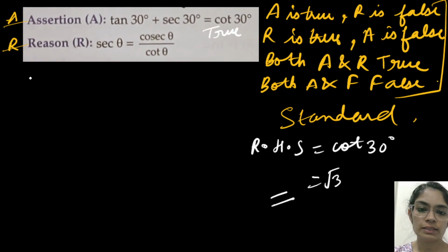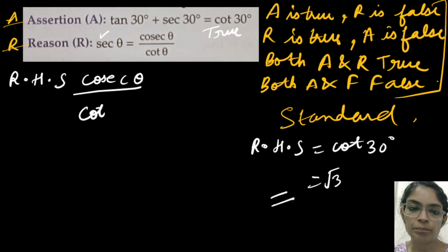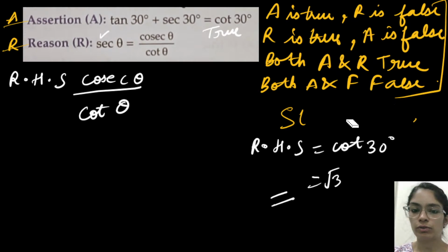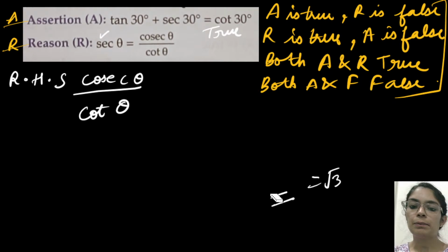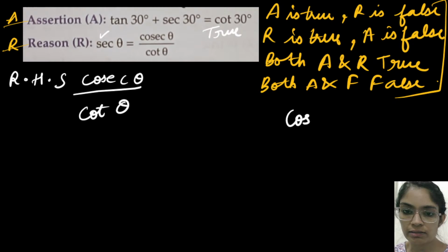What is statement 2? Secant theta. See, statement 2 also we have to simplify. So again we have to check left hand side equals right hand side. On the left hand side there is nothing to simplify. I'll just work out the right hand side of this one, which is cosecant theta by cot theta. A few relations I'll tell you which you have to remember. Reciprocal relations I have already told you in the previous class.